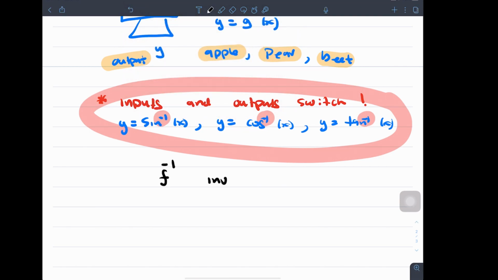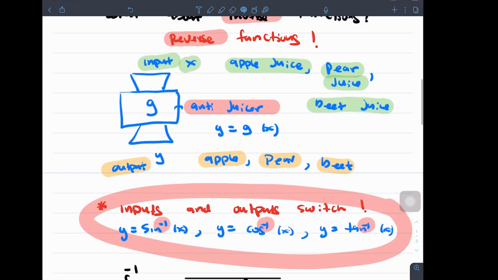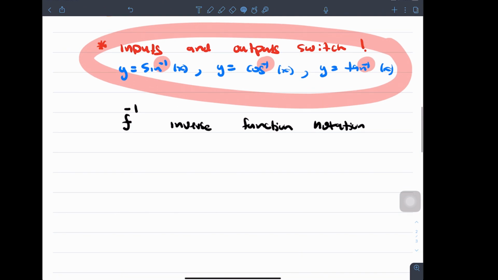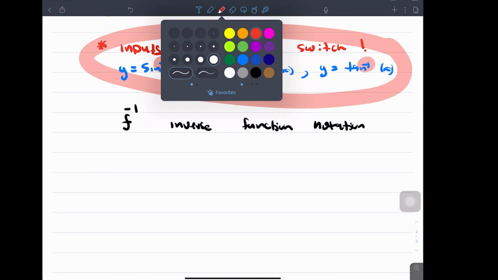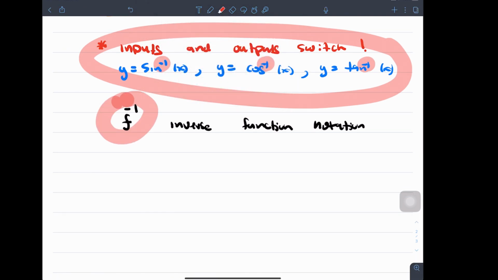This is inverse function notation. Okay. So this is like the S portion of the course. You go, what is the S portion? Yeah. Inverse function notation.